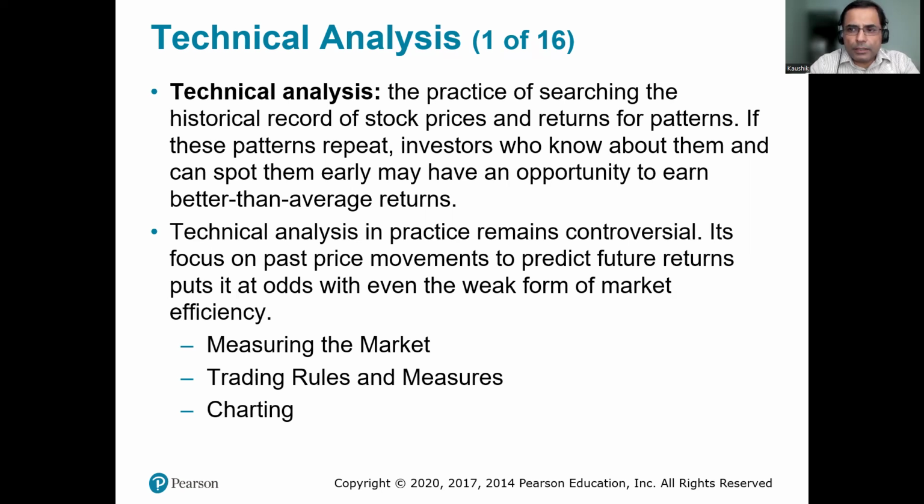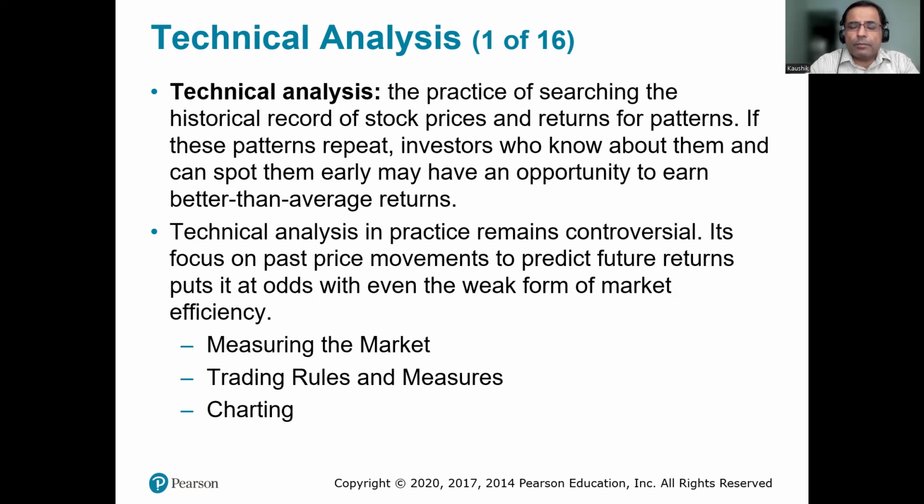Now we look at another perspective or another approach which contradicts the efficient market hypothesis. This is called technical analysis. Technical analysis is the practice of looking at historical trends in stock prices, stock returns, or even trading volumes.